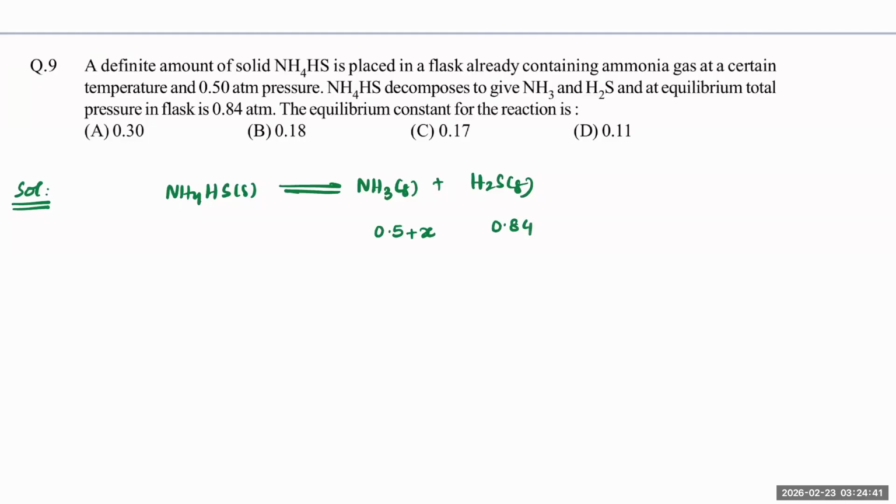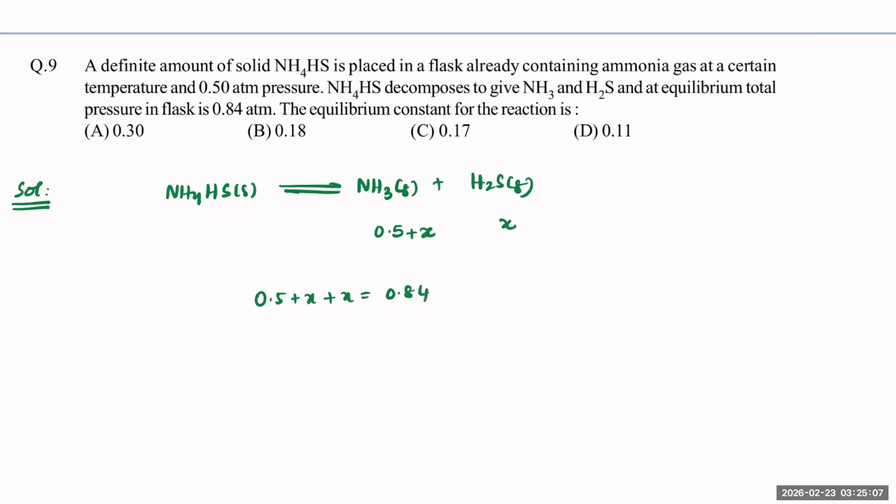Sorry, this will be X. So 0.5 plus X into X, that should be equal to the Kp value, or rather I would say the total pressure is already given to us. We can just use that value. So which is 0.5 plus x, that should be equal to 0.84.